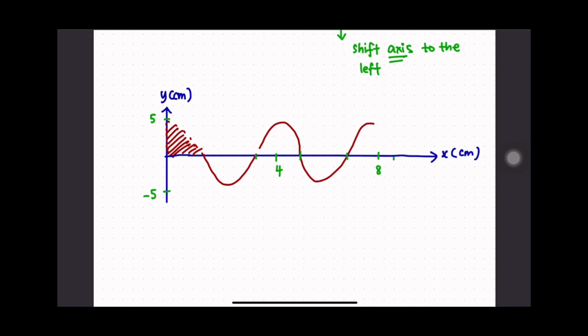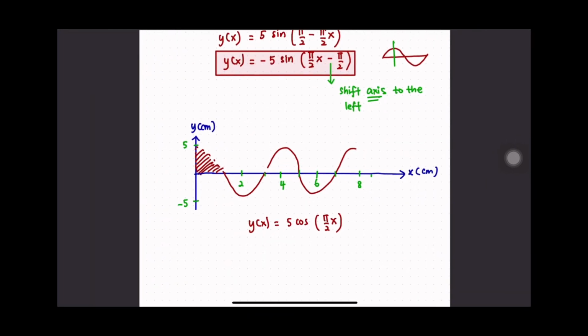So here 6. Here is 2. Like that. So it is actually the same as the new graph: if you want to say the y-x graph is equal to 5 cos pi per 2x. The same. Okay, negative 5 sin pi over 2x minus pi per 2 is also equal to y x equal to 5 cos pi per 2x.